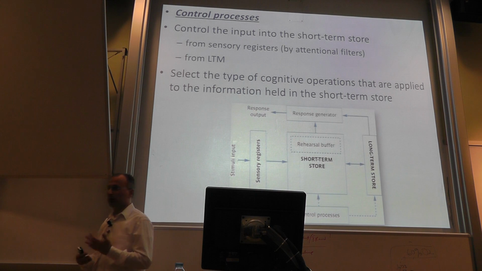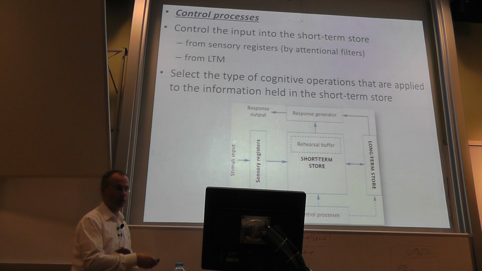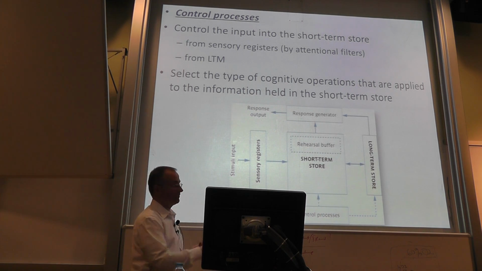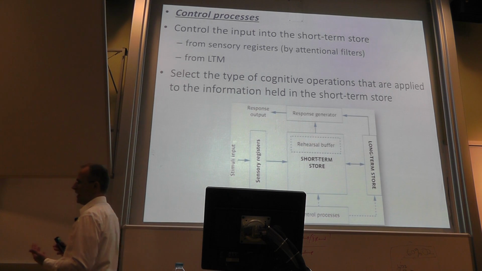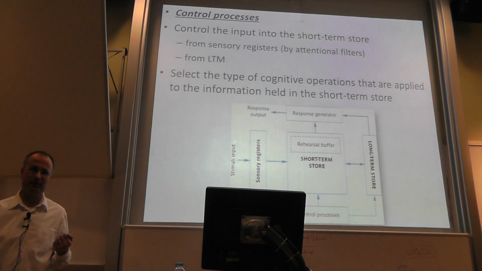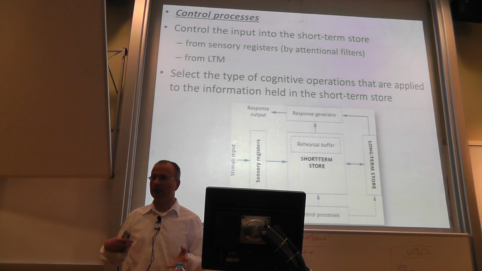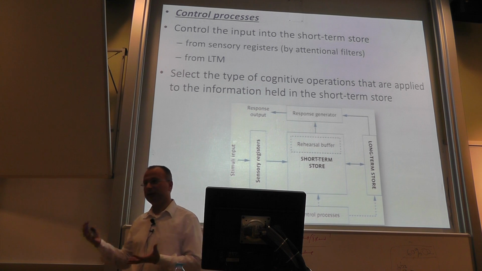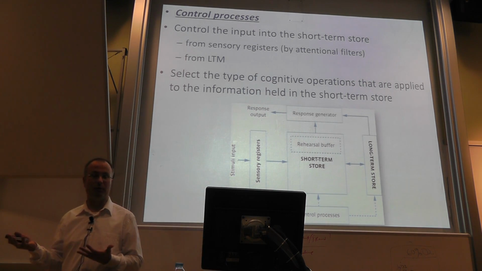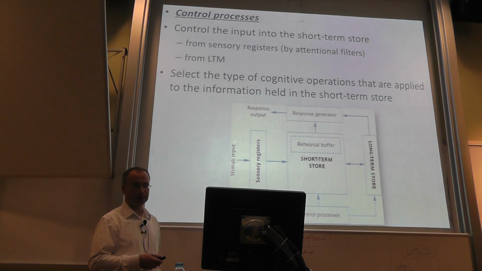And these control processes also select which cognitive operations we perform with the material in short-term storage. An example could be mental arithmetic, so that you say 50 plus 5. The operation is to add the two numbers and retrieve possibly the solution from long-term memory, like we spoke about last week.